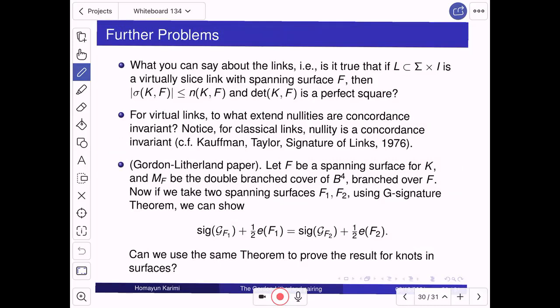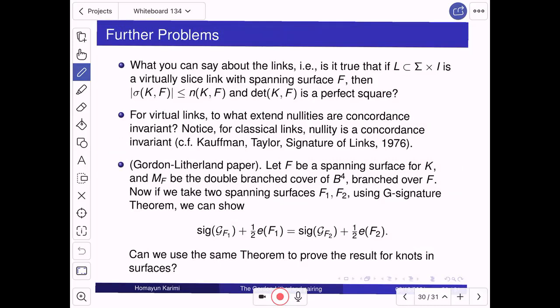And here are some problems for future research. So the first problem is what you can say about the links. So that concordance result that we had is only for knots.